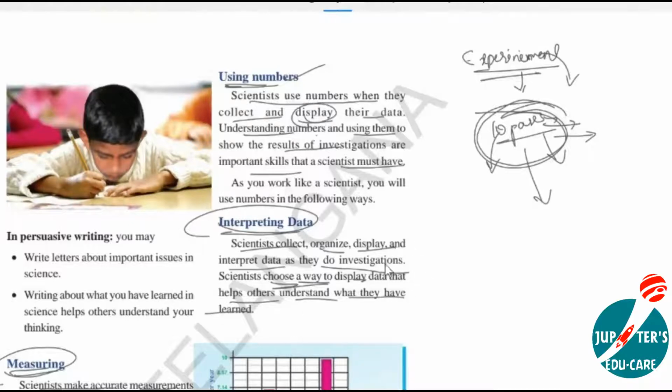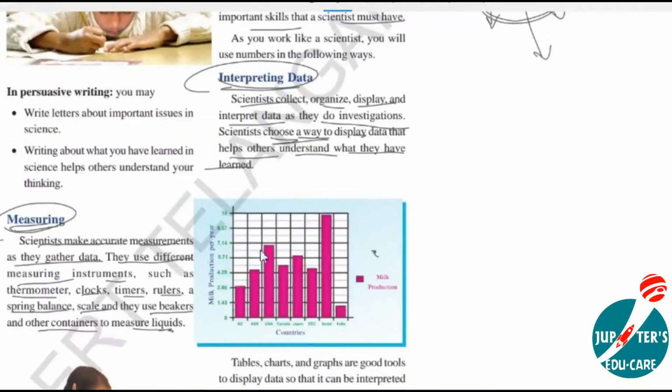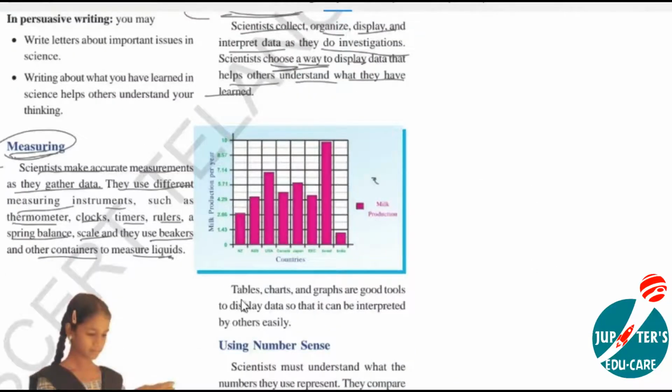Whatever they have studied, everything should be understood by the people who are reading it. So for that purpose, they choose different ways to interpret the data. Here you can see this graph. Not only graphs, but tables, charts, and different types of pie charts are good tools to display data so that it can be interpreted by others easily.